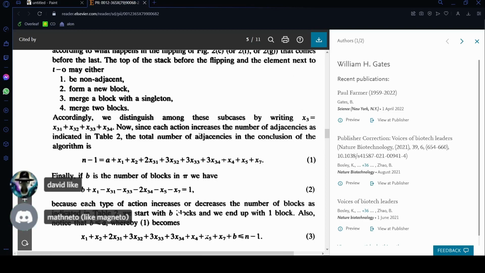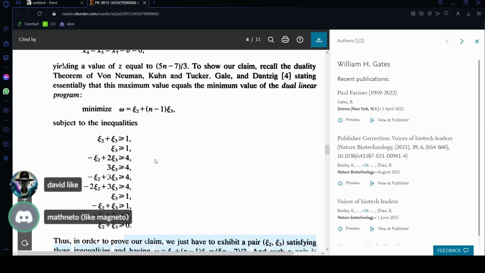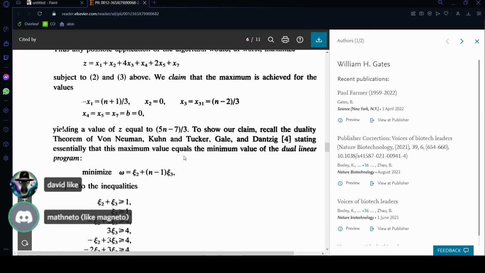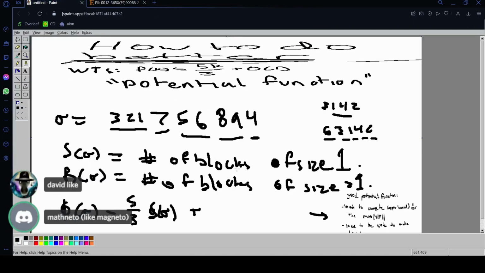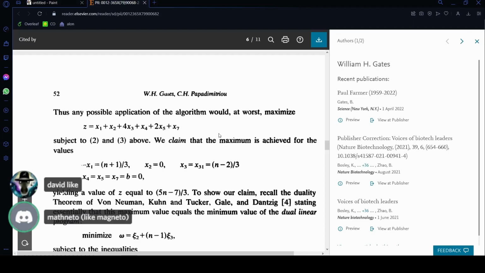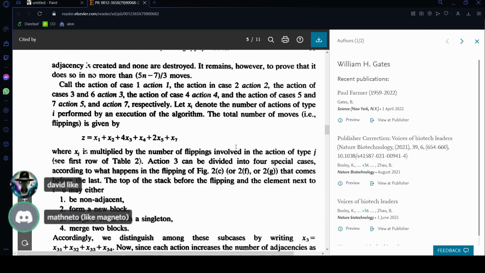They do something in my opinion which was silly, which they say they apply it to the duality theorem of von Neumann and stuff, but you can just define a potential function, and I think let me, yeah, give me a second.